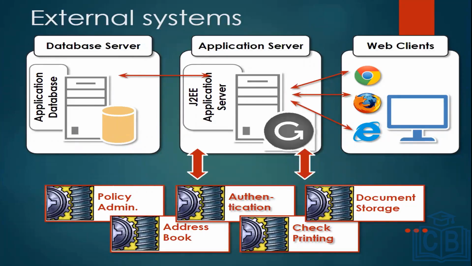If we want to retrieve that particular document from Claim Center, we have to send that public ID to the document storage system, which will search for that document in its system and send it back to us. This is also a third-party system. We'll be talking about different third-party systems throughout the course.